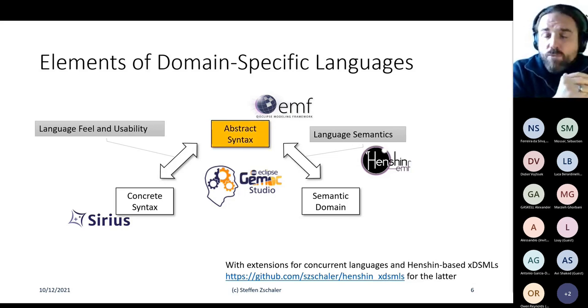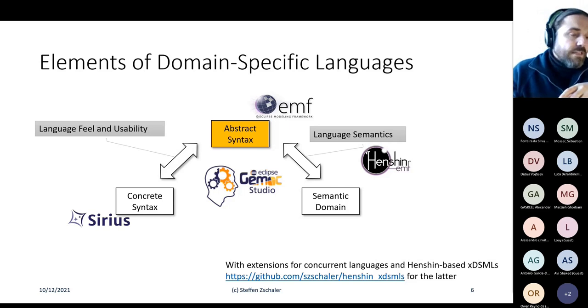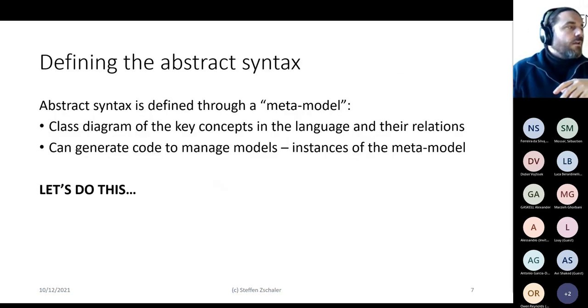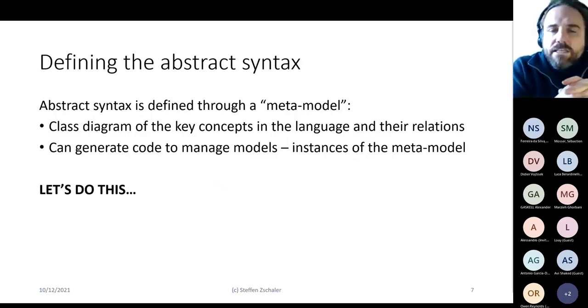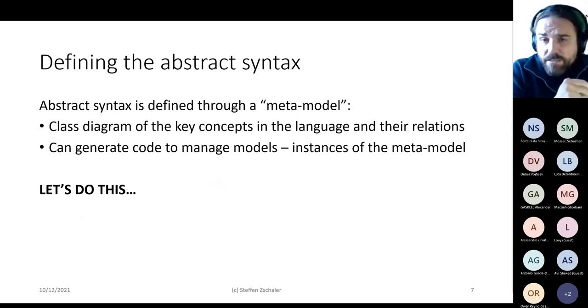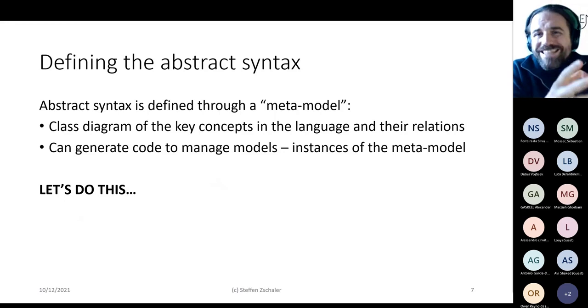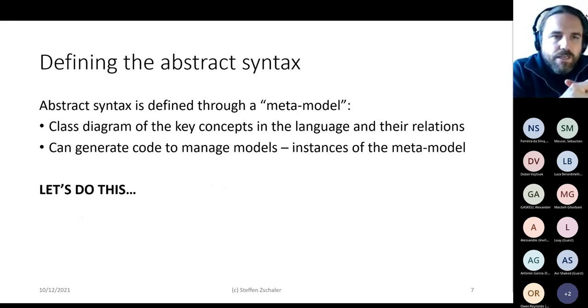Let's start, as I said, with the abstract syntax, because that's at the heart of any domain-specific language. Defining the abstract syntax is typically done using so-called metamodels, and a metamodel you can think of as essentially a class diagram of all the concepts in our language and the relationships between those classes.